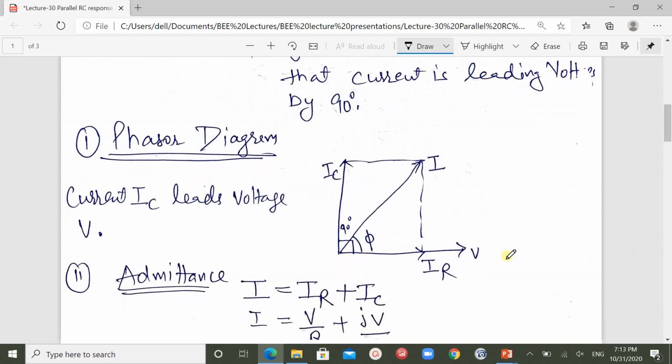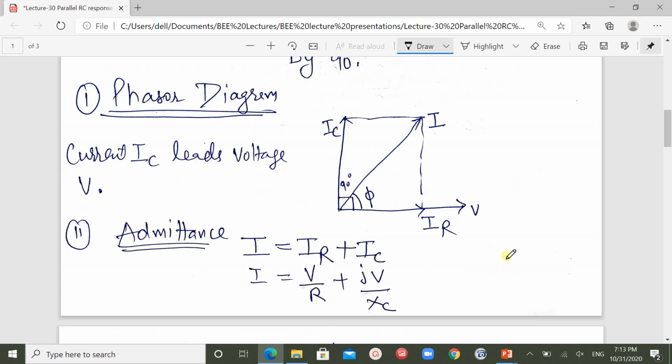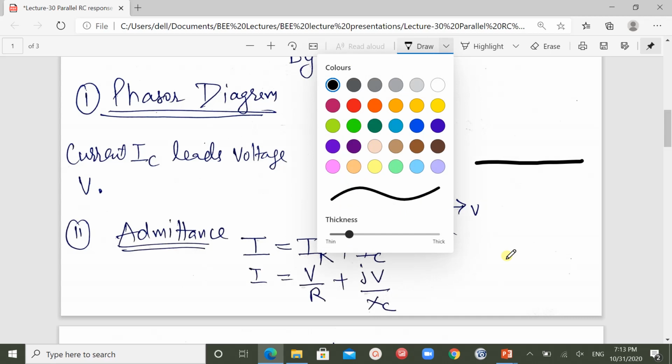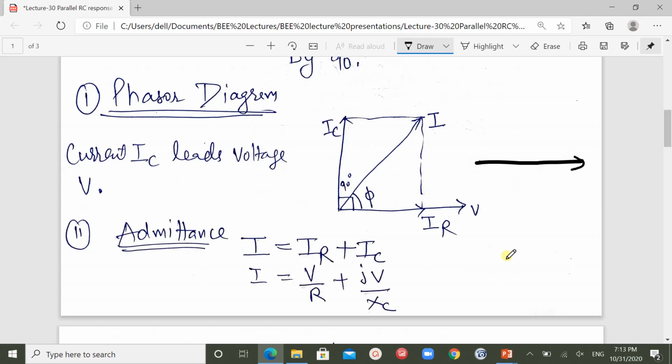Now the next is the phasor diagram. The figure shows the phasor diagram. In parallel circuits, we consider the voltage as the reference. This I have told you in the earlier video lecture.